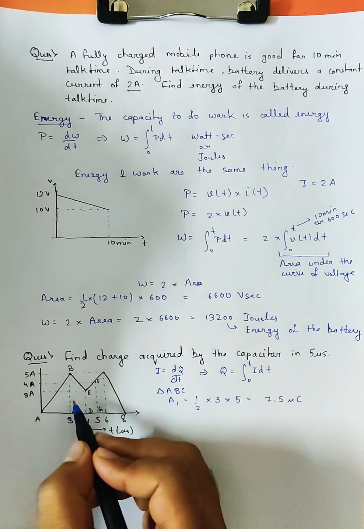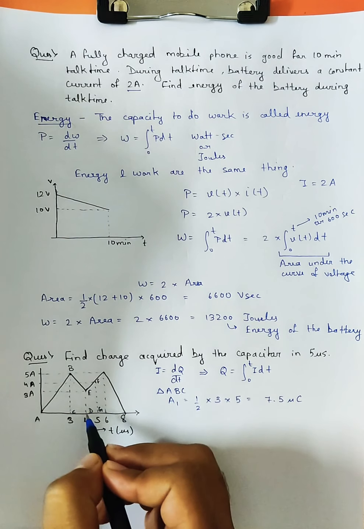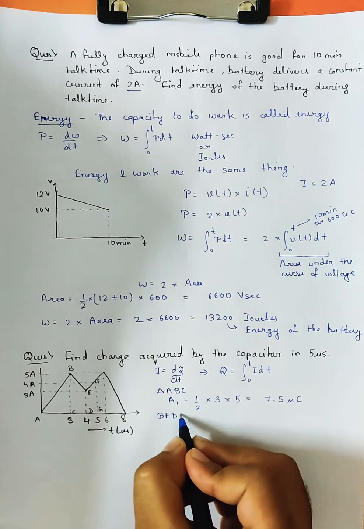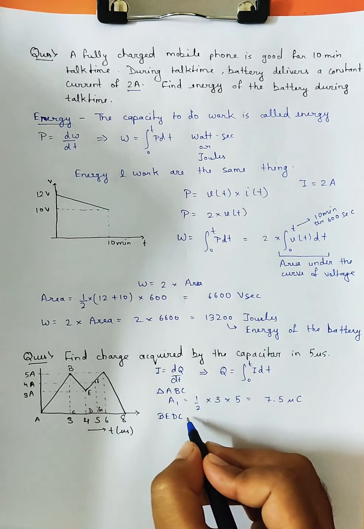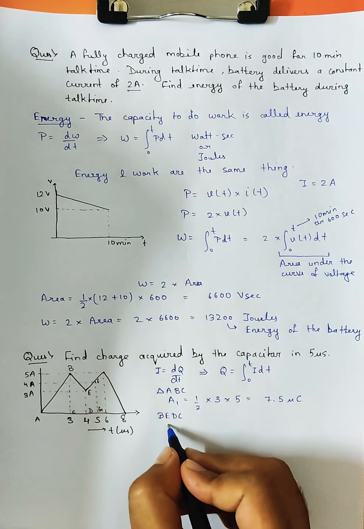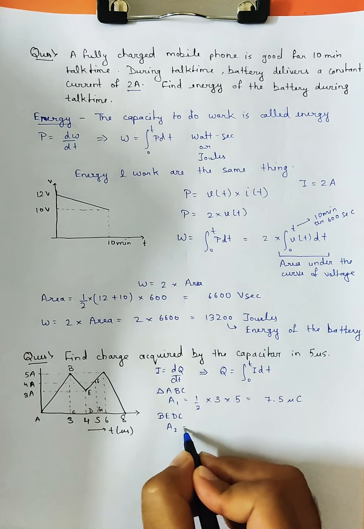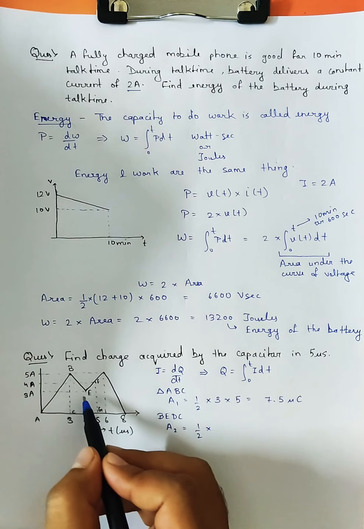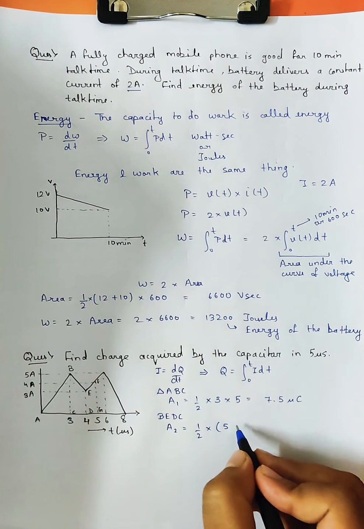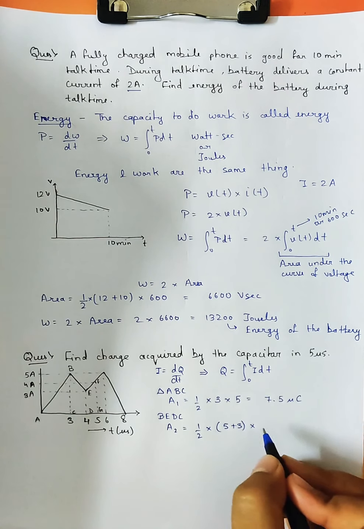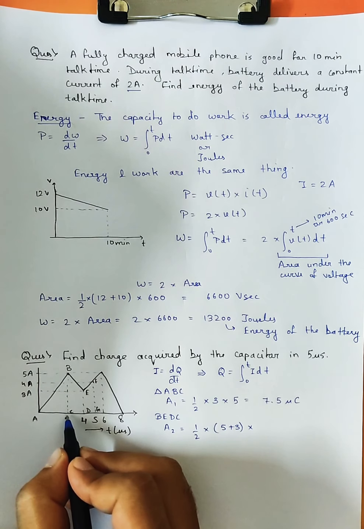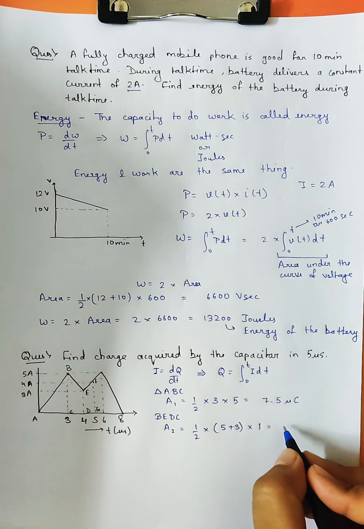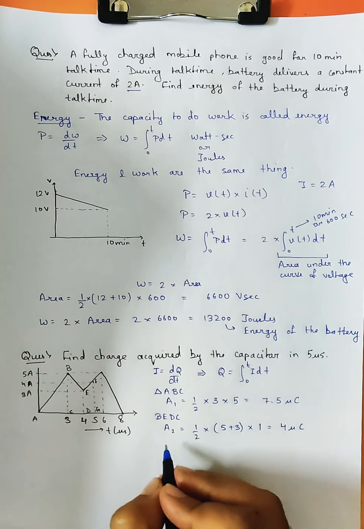Next is BEDC. It is a trapezoid. The area under this trapezoid will be A2, that is equal to half sum of the two bases, that is 5 plus 3, into height, that is 1. It will be equal to 4 microcoulomb.